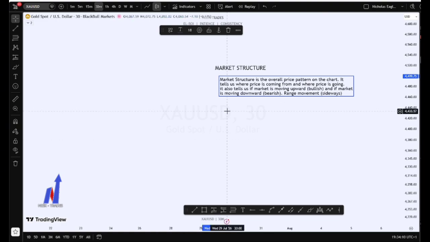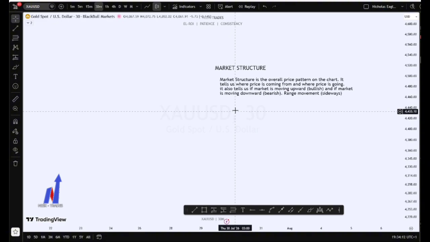Alright, so having known the definition of market structure, now we have the various types of market structure, and you can even find them in the definition of what market structure is. We have the uptrend, we have the downtrend, and we have the ranging market. The uptrend is also known as the bullish market structure.